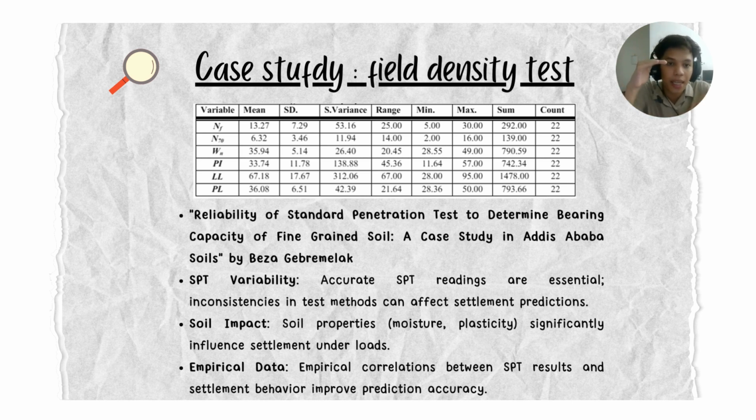Higher moisture and ductility levels can cause greater settling when the soil is loaded, making it essential to understand these properties for accurate analysis. Lastly, the case study has developed empirical correlations between SPT results and settlement behavior. These correlations provide a practical method for predicting soil settlement, enhancing the accuracy of our forecast based on field observations. In summary, ensuring consistent SPT readings, understanding soil properties, and using empirical data are vital for reliable soil settlement predictions.